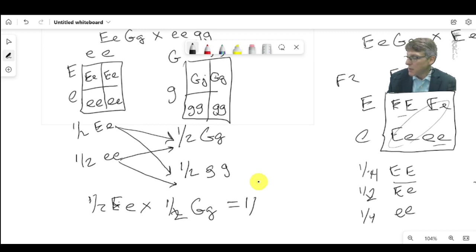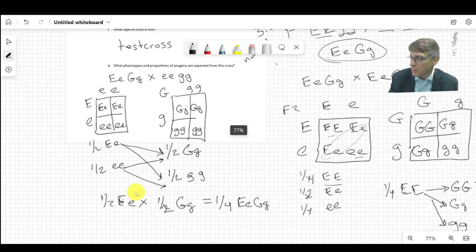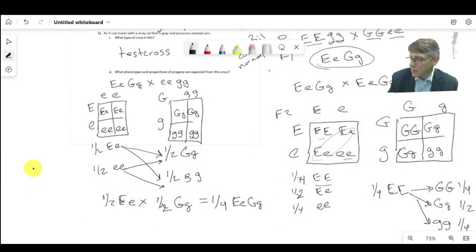They're going to be big E, big G, little g. And then we can keep on doing the same thing for the rest of them. We would have 1/2 big E, little e, crossed with 1/2 little g, which will give us 1/4 big E, little g.